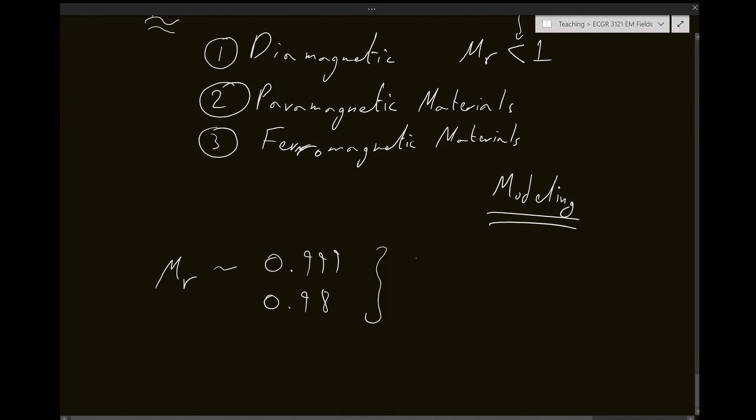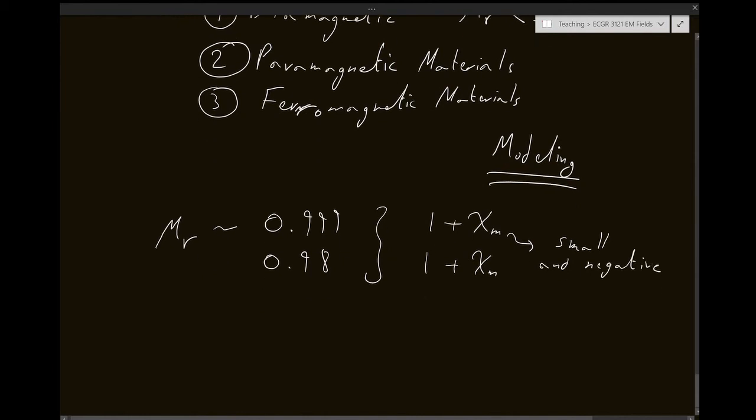This tells you, right, mu r is 1 plus susceptibility, right? So that tells you right away that the susceptibility is small and negative. Okay, this is peculiar. What does that mean?